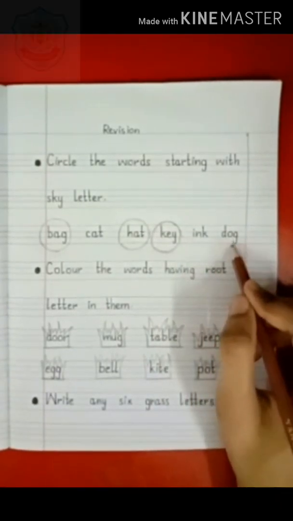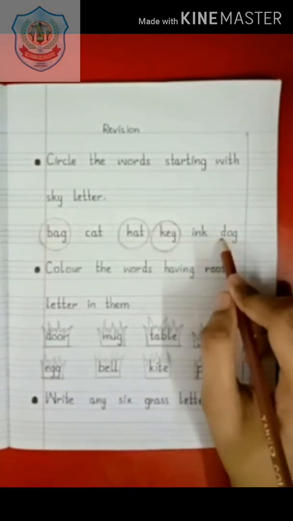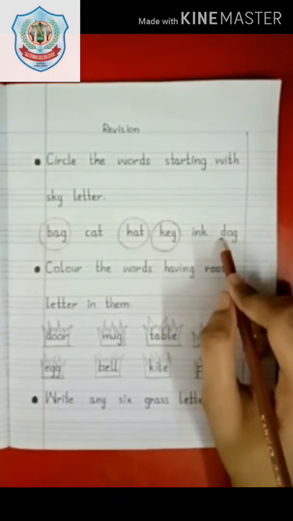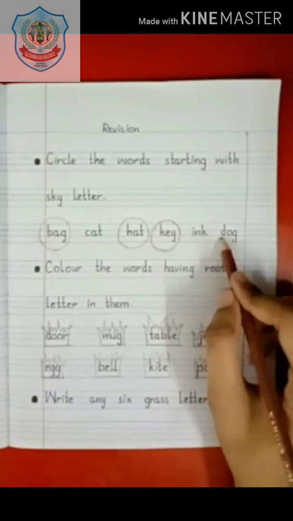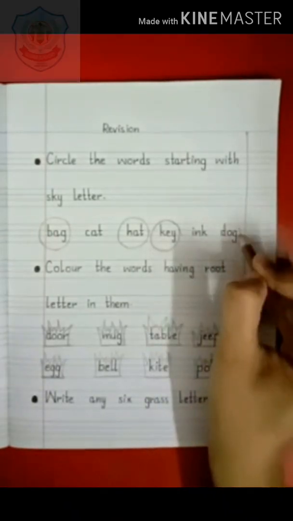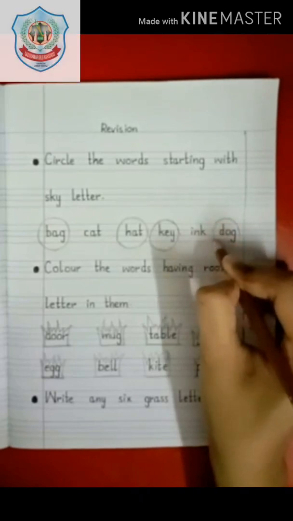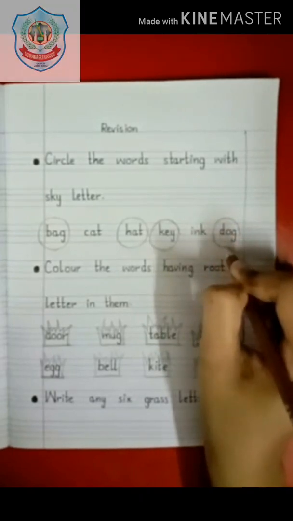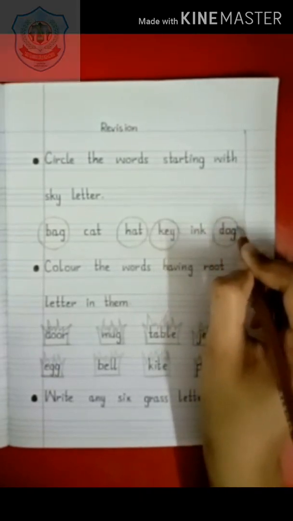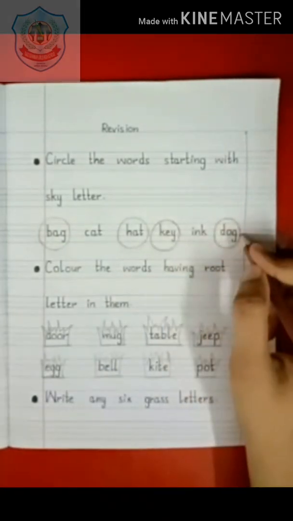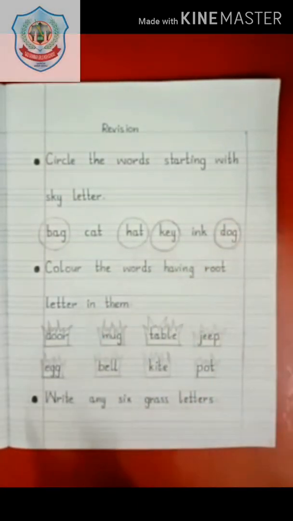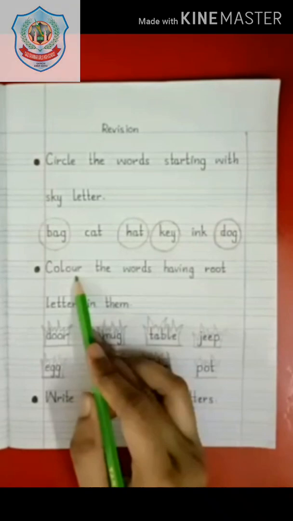Now look at the next word. Next word is dog. Dog is starting with letter D. D is sky letter. So we will circle it. We will complete it. Now move on next.